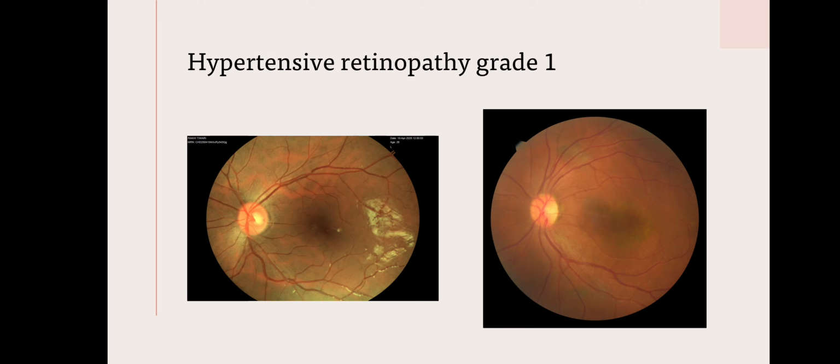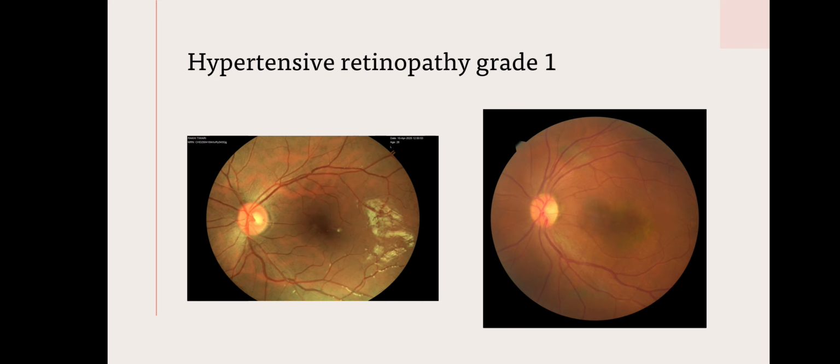So let us see with the help of a clinical photograph how these changes are visible on the fundus. So hypertensive grade 1 retinopathy, and we will take this left-hand side photograph as a template for normal, and we will be comparing the changes which occur in various grades. The left side photograph is from a child about 15 years of age, which would definitely represent a nearly normal fundus.